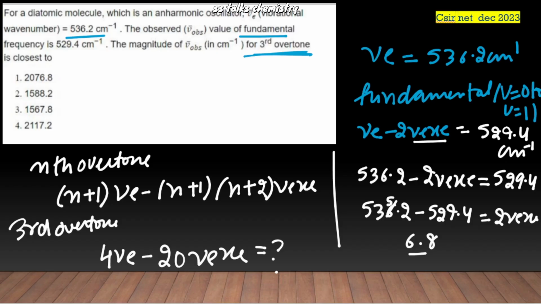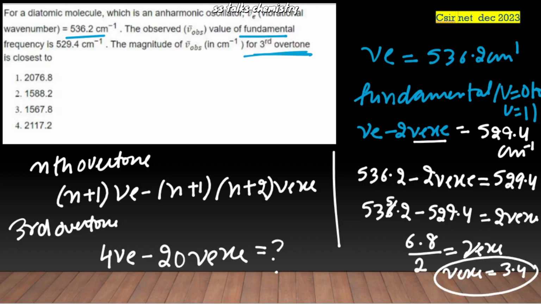So 6.8 divided by 2 will be omega_e x_e. So we got the omega_e x_e value as 3.4 cm^-1.